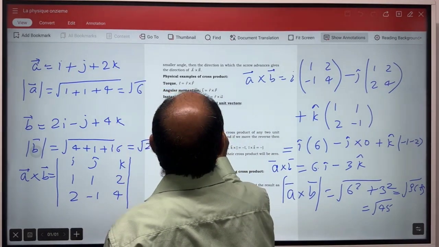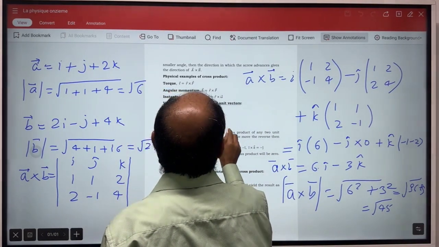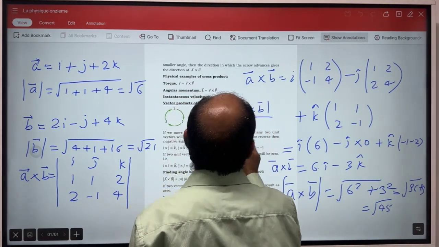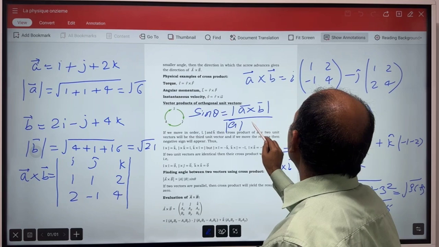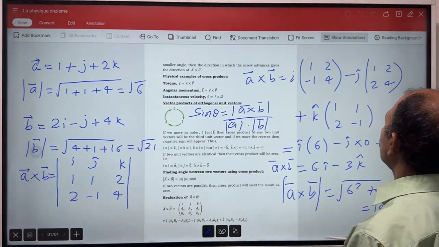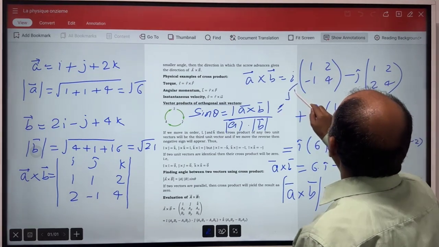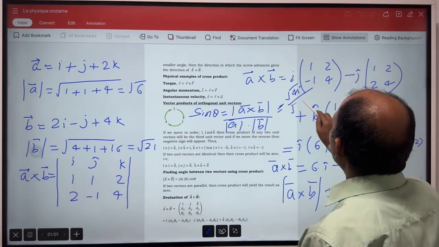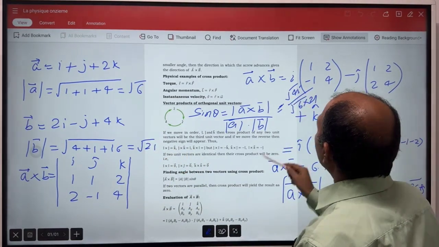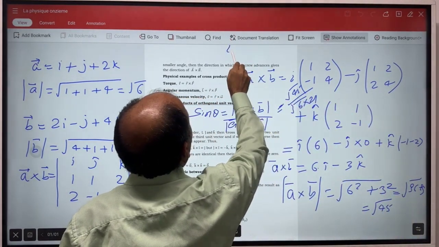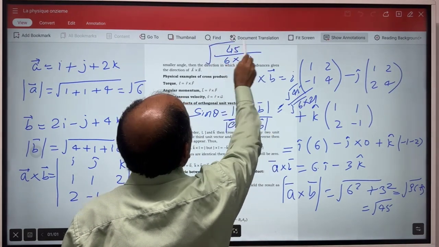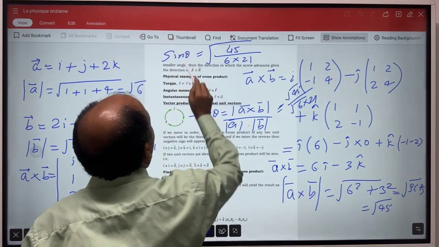If you remember, I told you that sine theta will be equal to the modulus of A cross B divided by modulus A vector into modulus B vector. So modulus A cross B is root 45, so root 45 divided by root of 6 into 21. You can simplify.